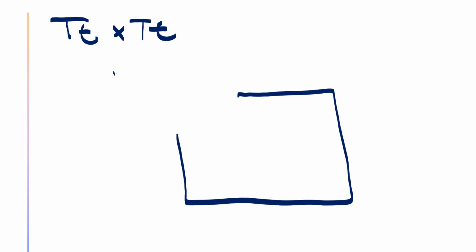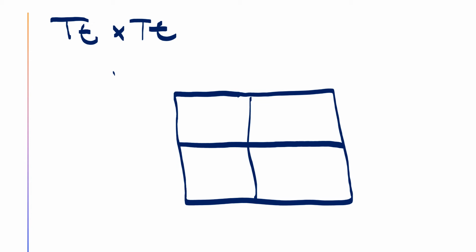So now let's look at another example. Let's say that the mother and the father are both heterozygous. So let's say big T, little t times big T, little t. So again, 2 times 2 is 4, so we're going to draw our punnett square with 4 boxes. And again, the law of segregation states that when egg and sperm are made, these alleles separate.